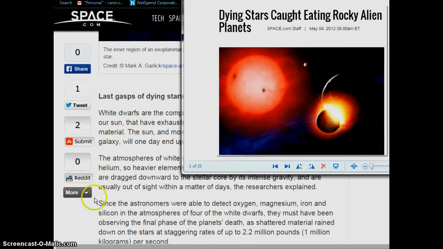In the last paragraph it says right here, since astronomers were able to detect oxygen, magnesium, iron and silicon in the atmosphere of the four white dwarfs, they must have been observing the final phase of the planet's death, as shattered material rained down on the stars at staggering rates of up to 2.2 million pounds per second. That is wild.